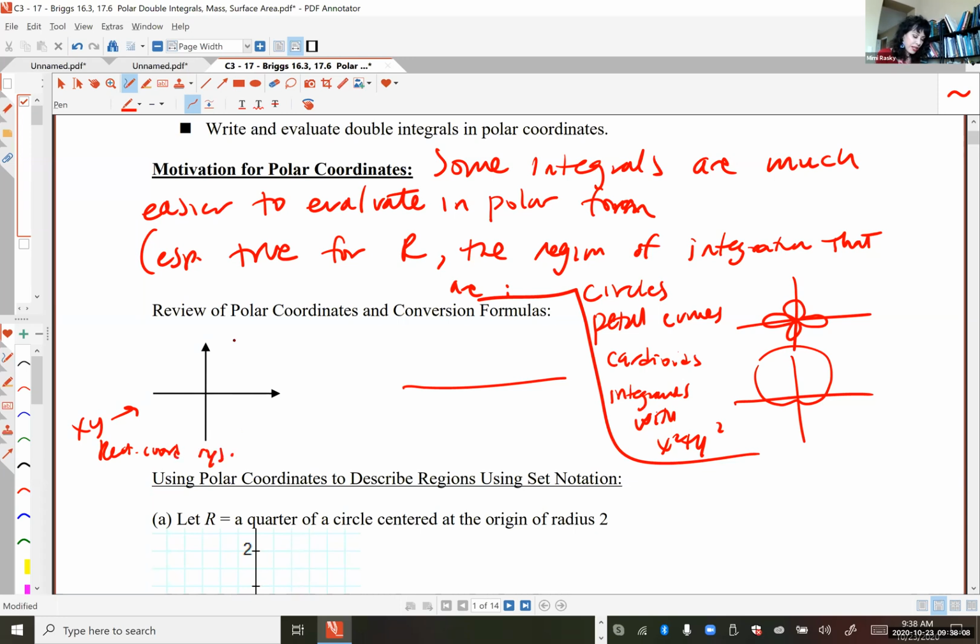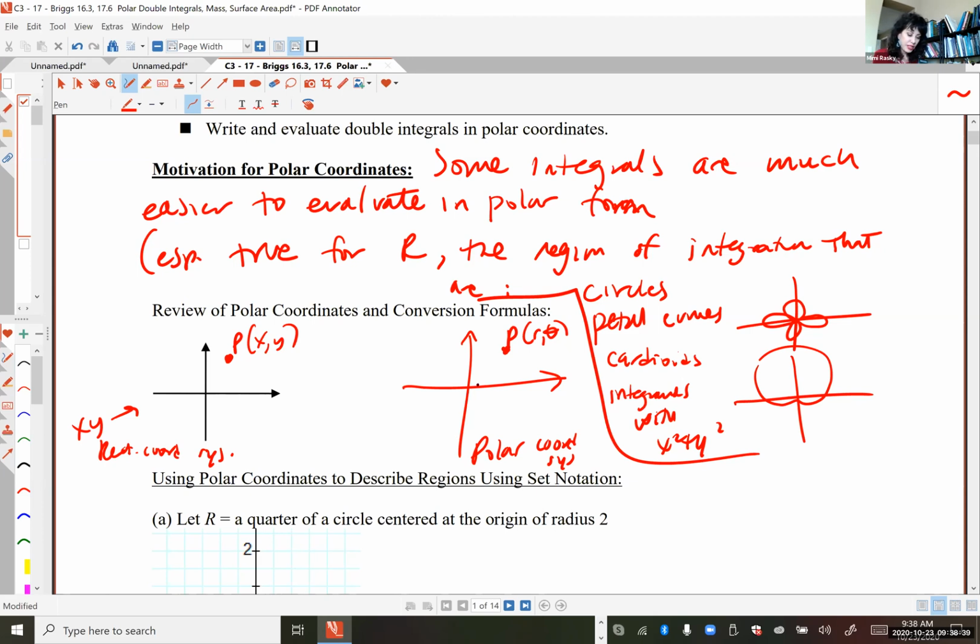If you have a point P here represented by an ordered pair (x, y), then the same point P in the polar coordinate system is represented by an ordered pair with r and theta in it. How do you get from one system to the other? It's pretty easy actually.